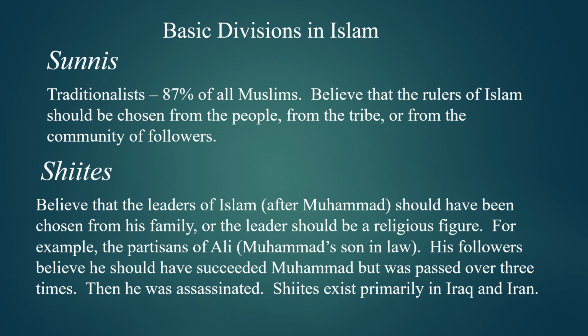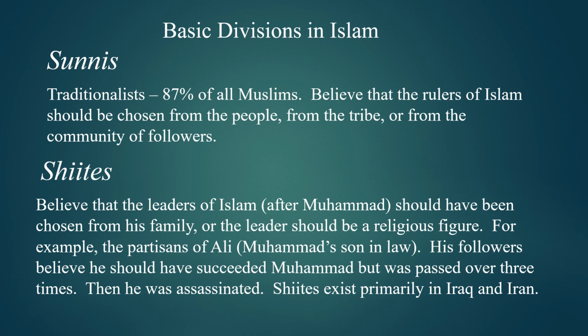I wanted to comment a little bit on the major divisions in Islam. So, as we said previously, that's the Sunnis, the Shiites, and the Sufis. On this slide, we're going to talk about the Sunnis and the Shiites. The Sunnis, I have the least amount of text devoted to them, but that doesn't reflect their numbers.